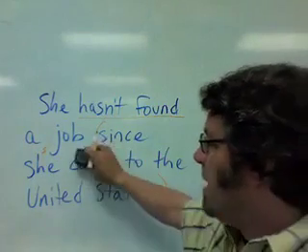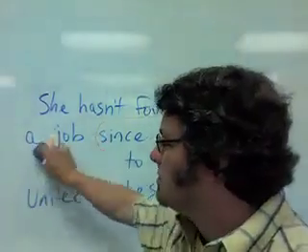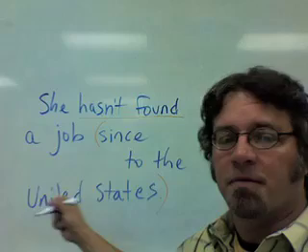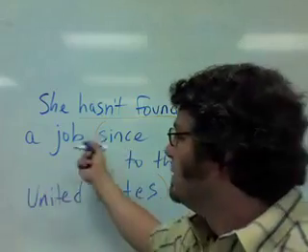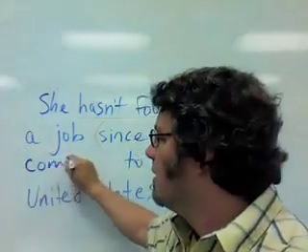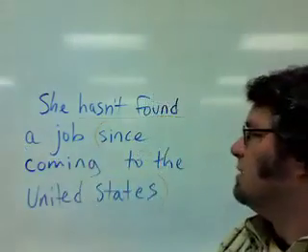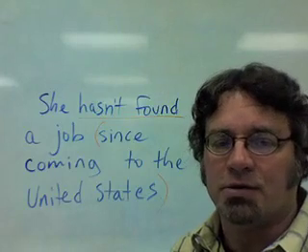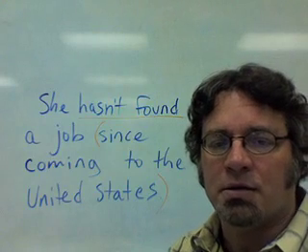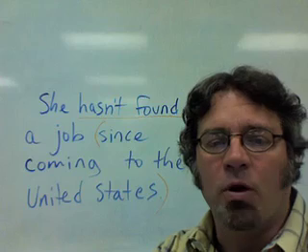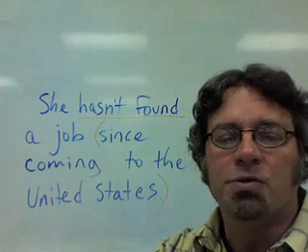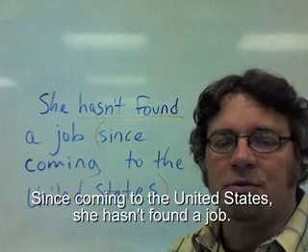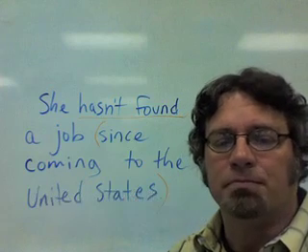It would sound better in this sentence to make a phrase here, since coming to the United States. She hasn't found a job since coming to the United States. This sounds better, more natural. You can also reverse it and say, since coming to the United States, she hasn't found a job.